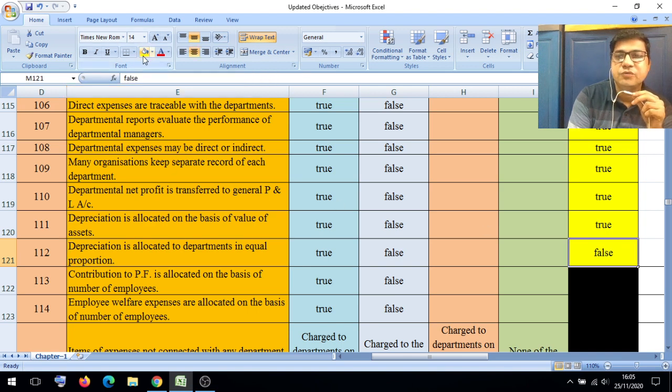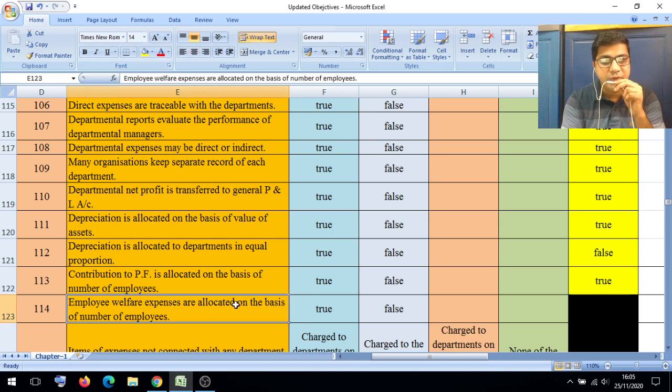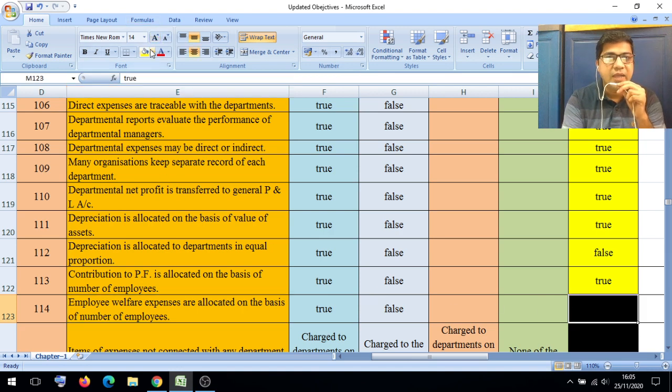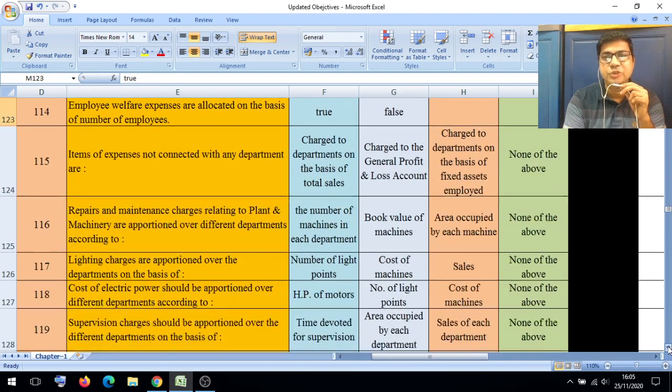Answer is false. Contribution to provident fund is allocated on the basis of the number of employees. Answer is true. Employees welfare expenses are allocated on the basis of the number of employees. Answer is true. Now again we will move further to the multiple choice questions.